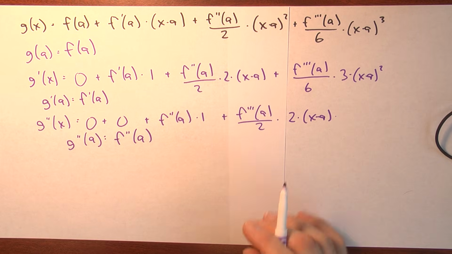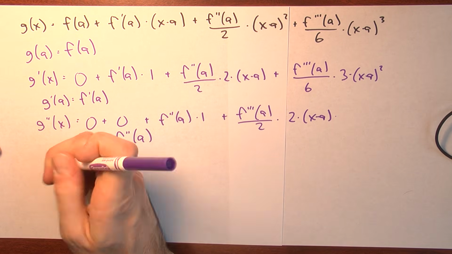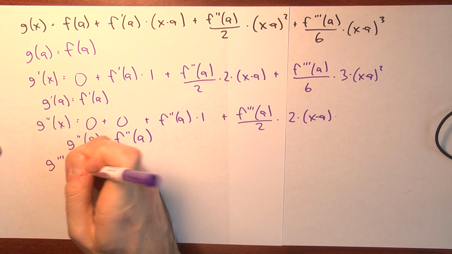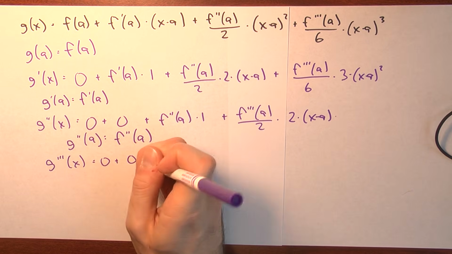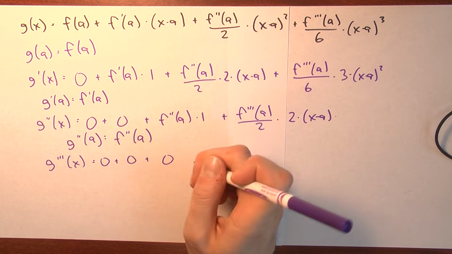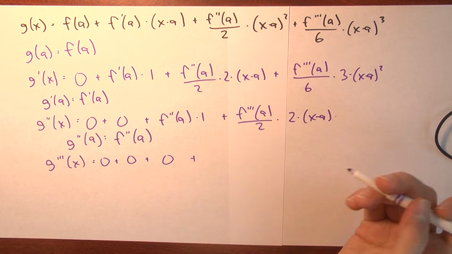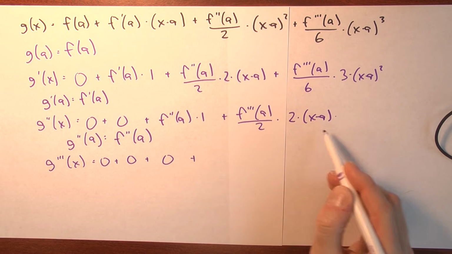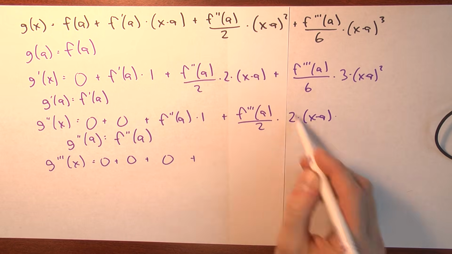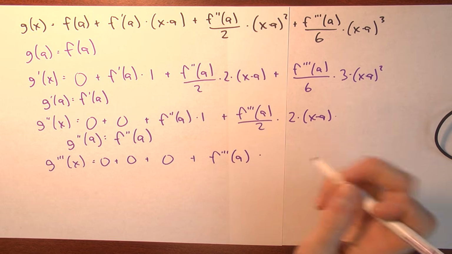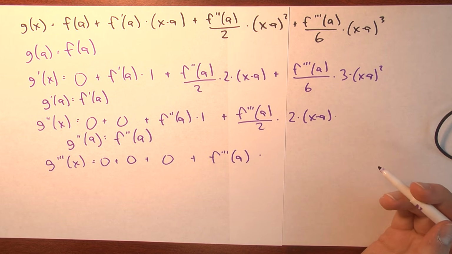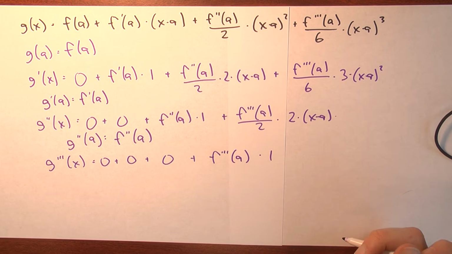Now what about the third derivative? I just have to differentiate this. So what's g triple prime at x? It's 0 plus the derivative of this constant, which is 0, plus the derivative of this term. That's this constant, f triple prime at a, times the derivative of x minus a, which is just 1.